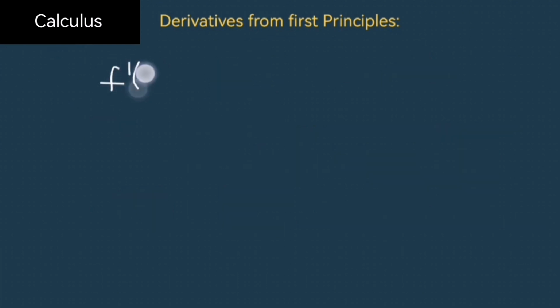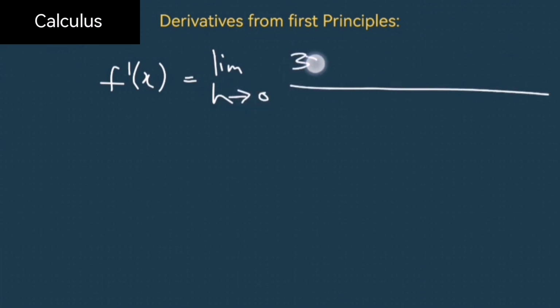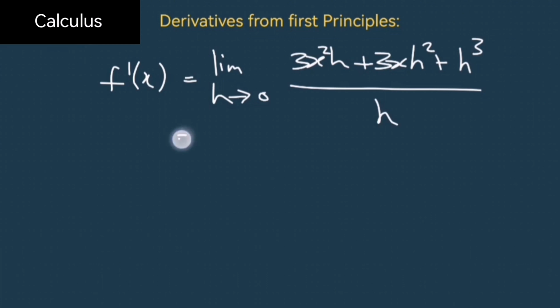Now to continue from there, let's substitute our numerator. So we have 3x squared h plus 3xh squared plus h cubed. Notice all the terms have an h in it. Now we're going to remove h as a common factor.